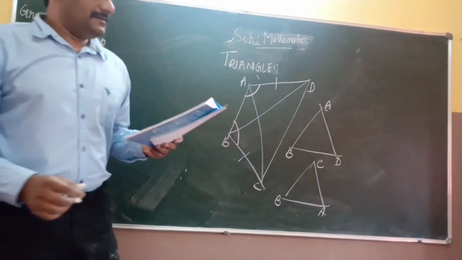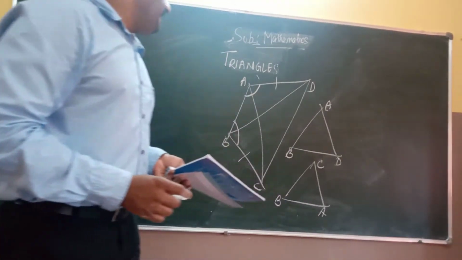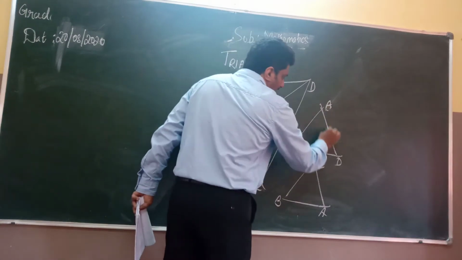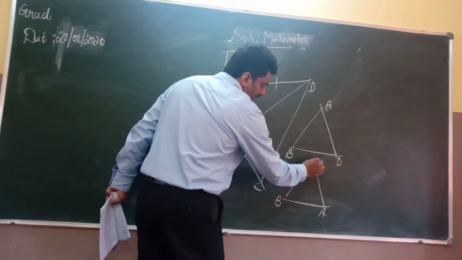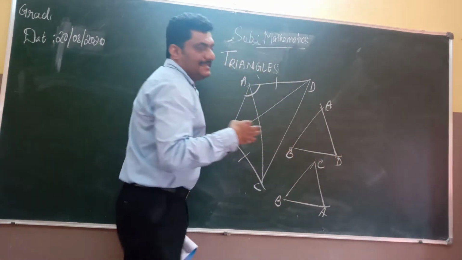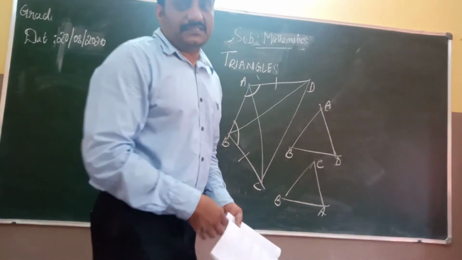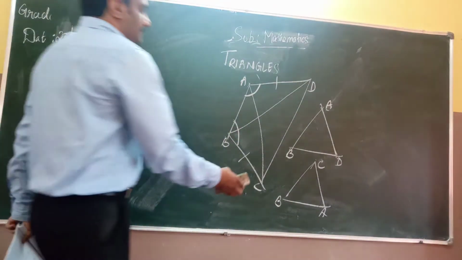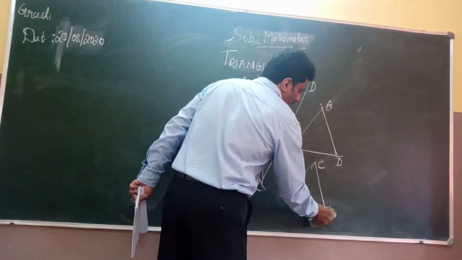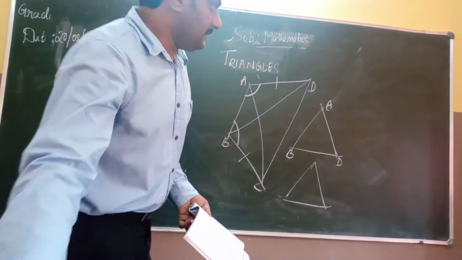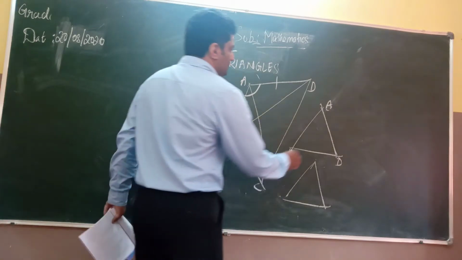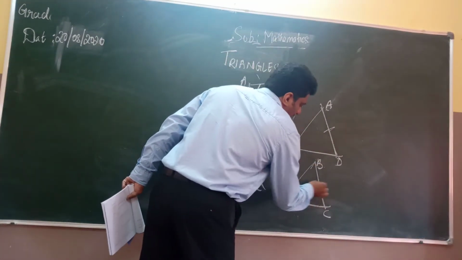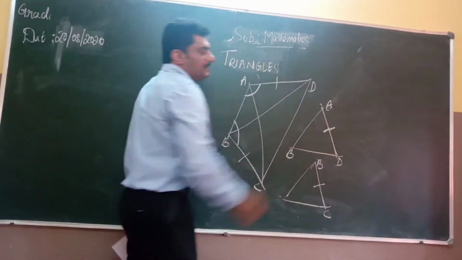Now let's see what is given. AD and BC. See here, I have AD here and BC this side. Let's try to interchange it so that it will be easy. AD is equal to BC. These two sides are equal, they are telling.